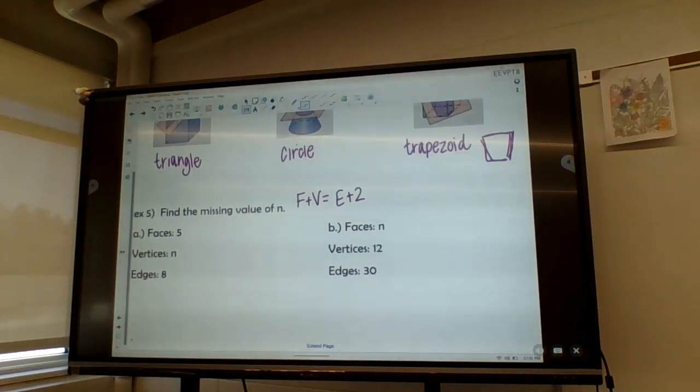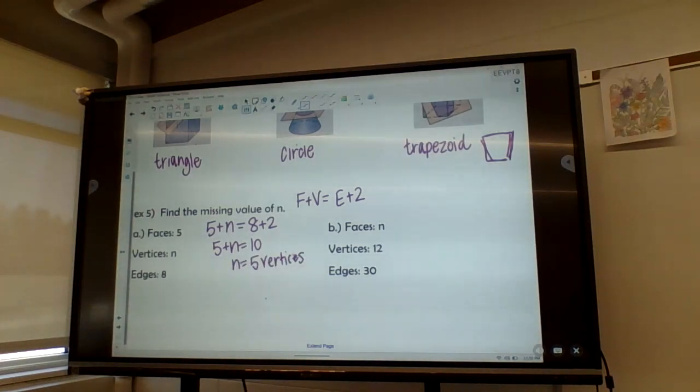Our faces, they tell us, is 5, plus our vertices is n, our edges is 8. Just a simple algebra problem. If you're having trouble determining how many of whatever it happens to be, there'd be 5 vertices here. So hopefully some pretty easy algebra.